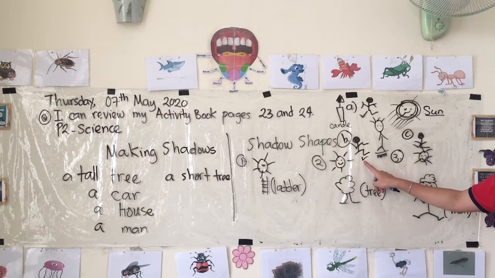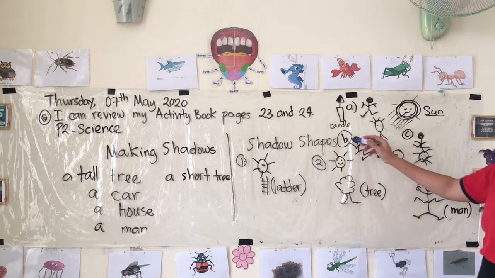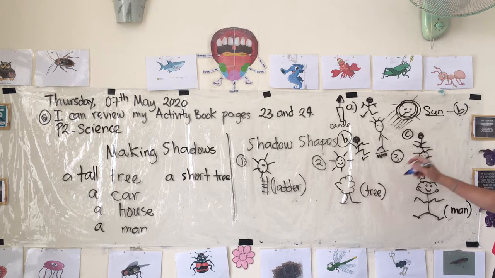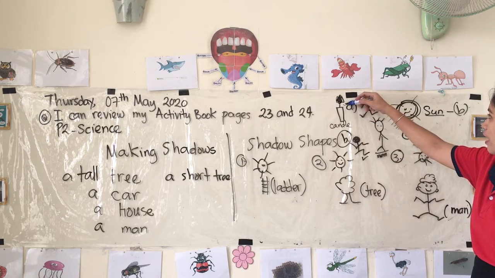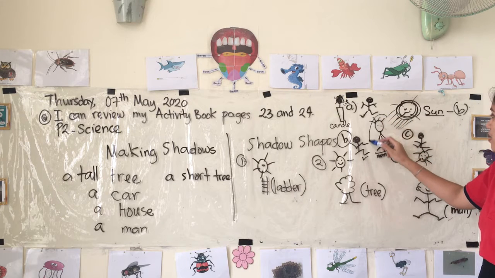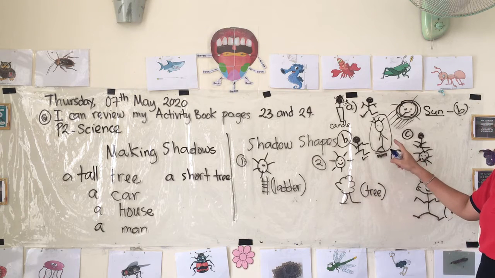Where? Is it B? No. Is it C? Yes. So the answer for the sun is shadow letter B. How about for the candle? So the candle is here, the light is here, so the shadow of the man, so again we are sticking to this object.